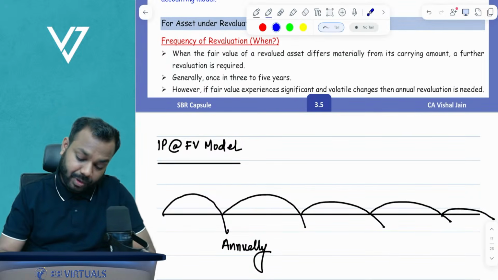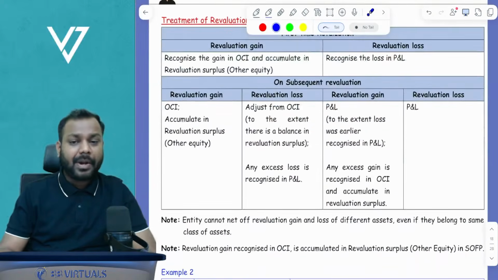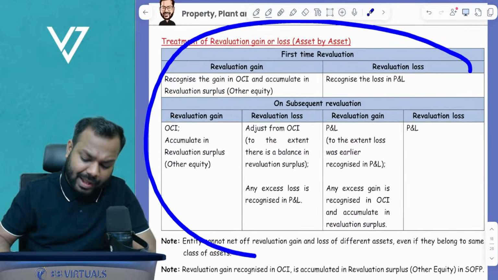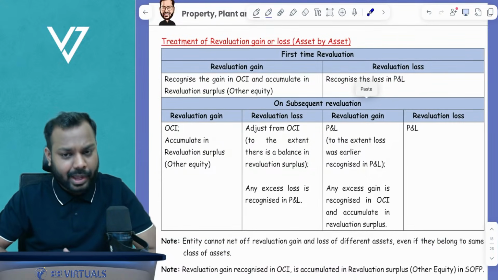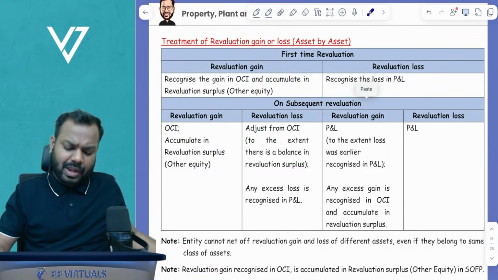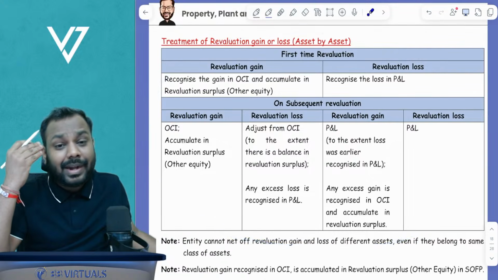Okay, now comes the next concept. Treatment of revaluation gain loss. Though I have this diagram drawn, do you want me to use this or draw a new diagram? I will prefer to draw a new one. Because if I just try to explain using this, you will not be able to retain that.